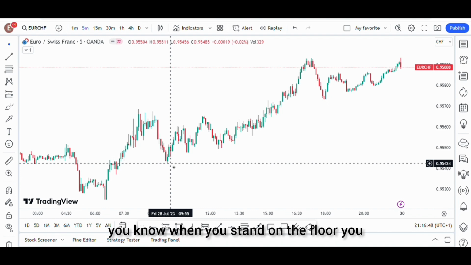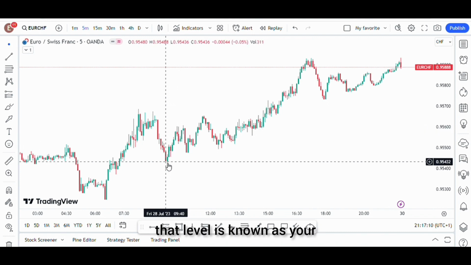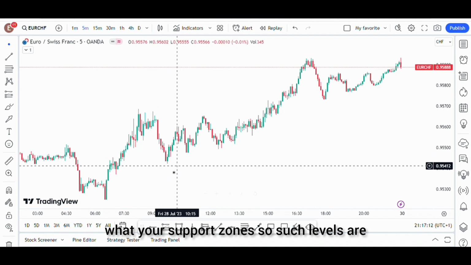When you stand on the floor, you can easily jump back up. If you throw a ball down at the floor, there's every tendency that the ball can bounce up again. So at that level where the ball hits and bounces up, that level is known as your support zone.